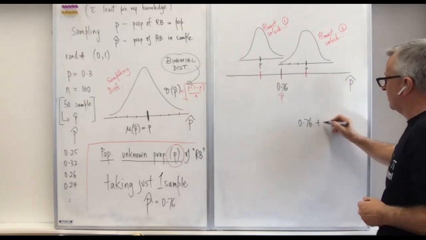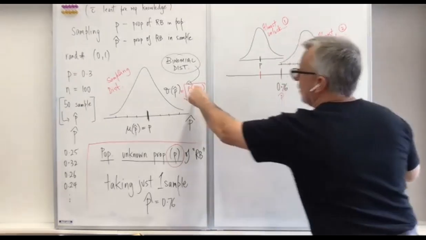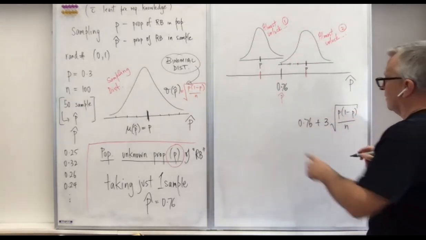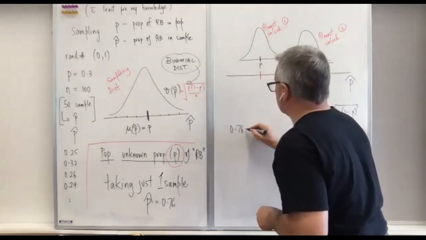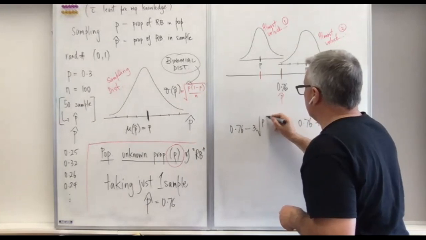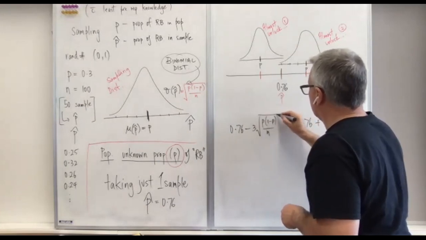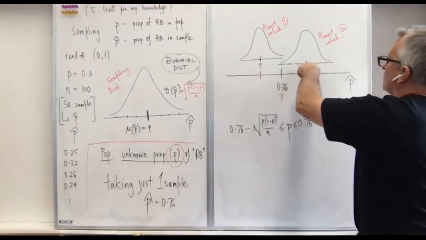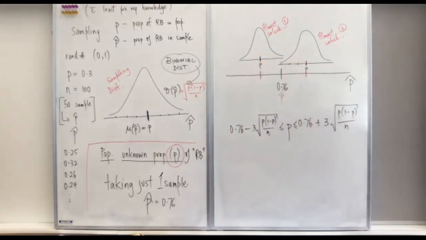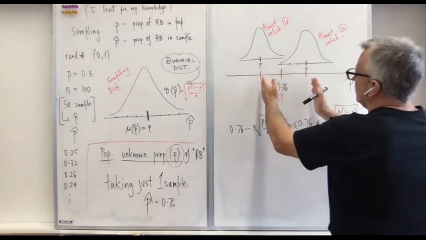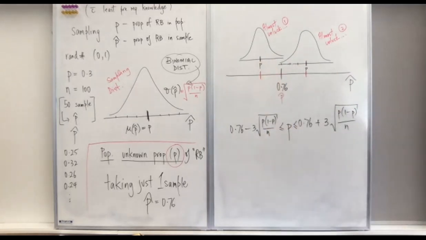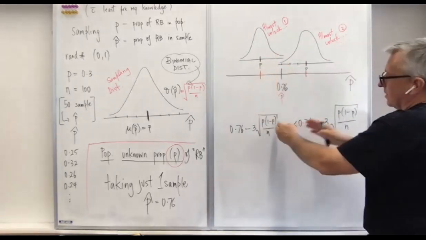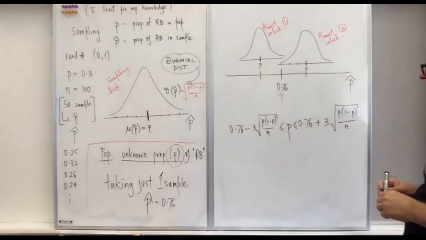And so what I could then say is, if I took 0.76 and I was to add 3 of these guys, and if I was to get 0.76 and subtract 3 of those guys, then I could say that the true proportion, the actual population proportion, lies within that interval, or more correctly, that interval captures the population proportion.